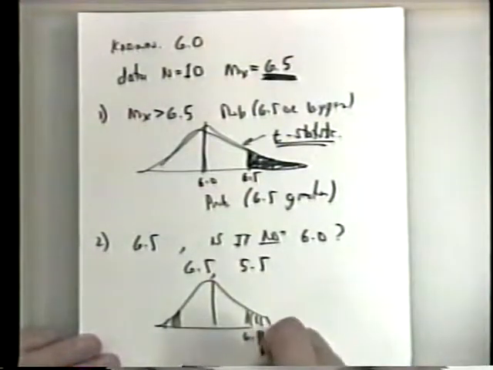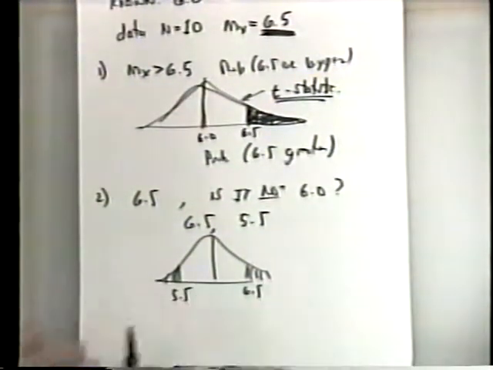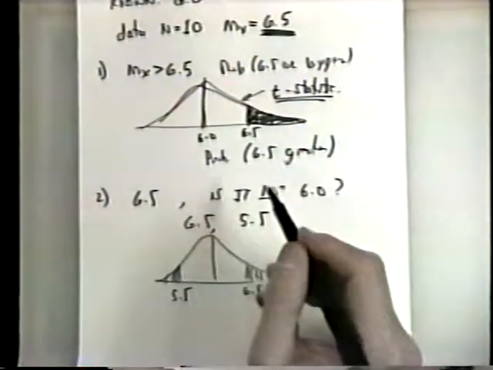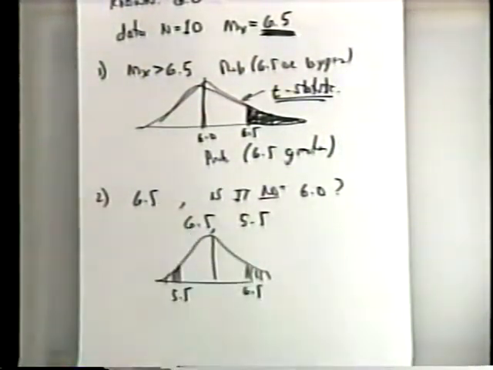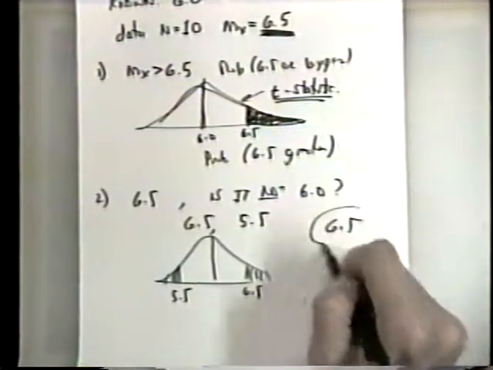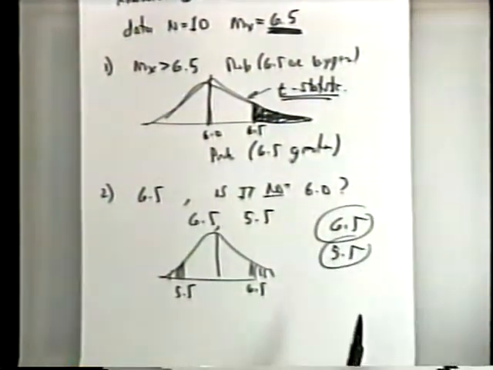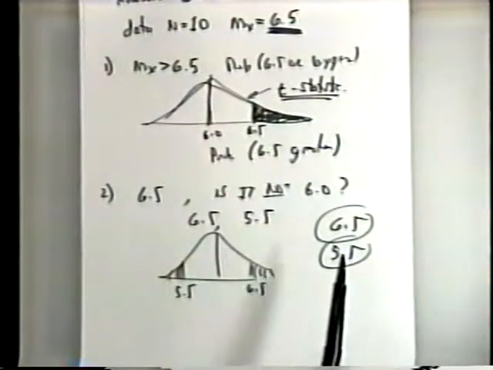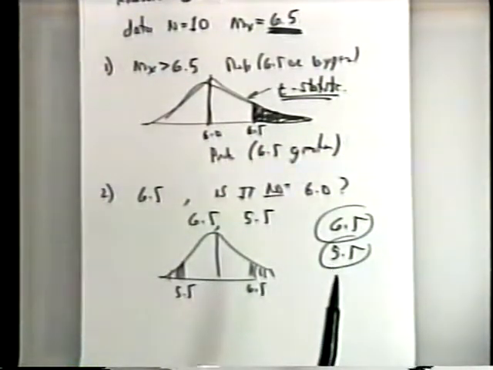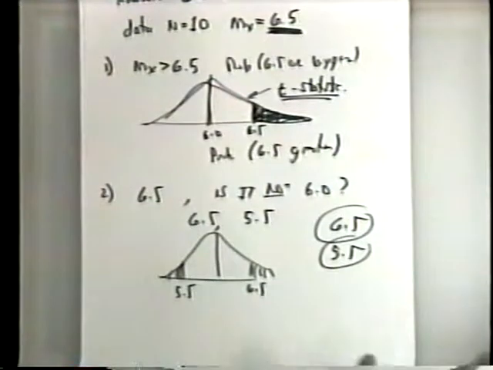The probabilities of getting 6.5 or greater or less than 5.5. Because in this case we just happen to get 6.5, but if we got 5.5, we would equally say it's not 6. So the two-tailed is saying it's not what we think it is, meaning it's either greater than that offset or greater than the equivalent negative offset.